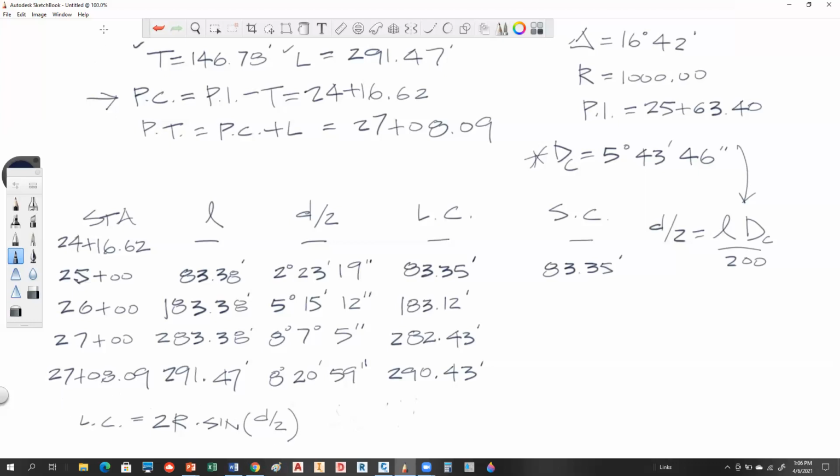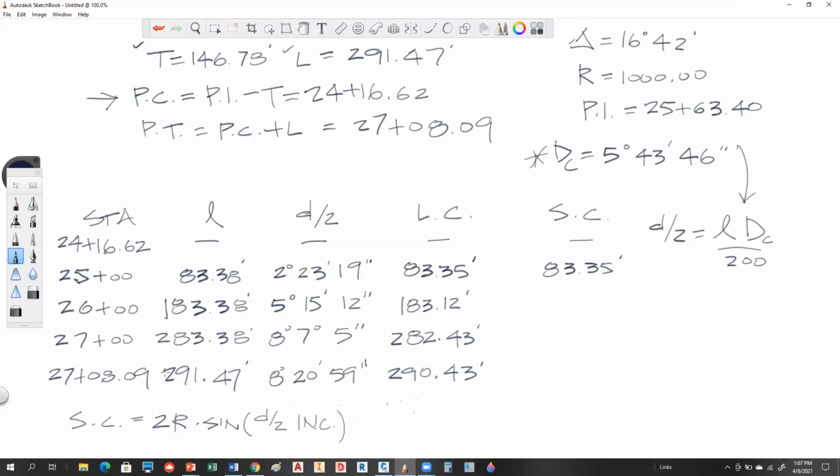So for the short chord, this equation would say this: your short chord is going to be 2r times what's called your deflection increment. That's the amount it's changing from station to station, okay? So the increment, again, is just the difference between 2 deflection angles, okay? So I subtract that, plug that in there and take it.